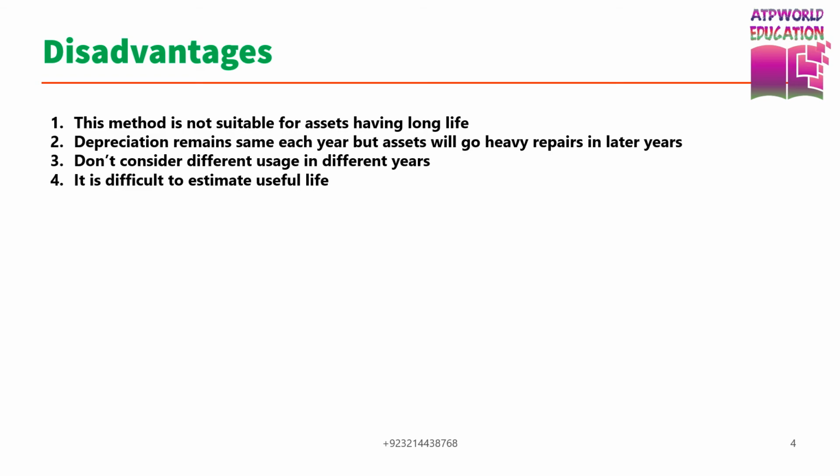Third, if the usage of the asset is quite lesser than normal routine, the life of the asset will increase due to less usage. So how can we estimate the life of an asset if there are different reasons which will extend or reduce the life of an asset?